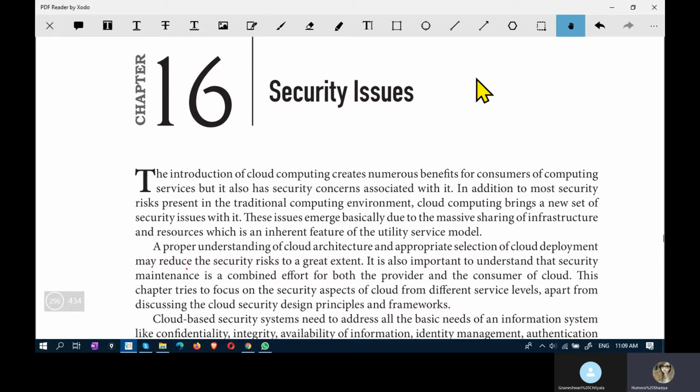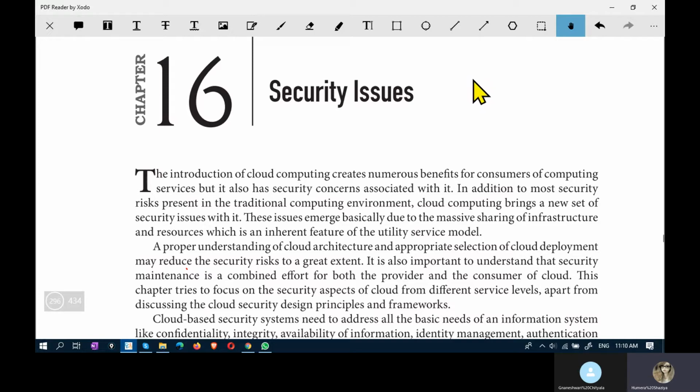Therefore, cloud architecture and security at different levels, and responsibility of security, who should do what task in order to attain the security, and how to ensure that the devices are not vulnerable to the attacks, and what kind of attacks will happen in cloud, and how to avoid those attacks.